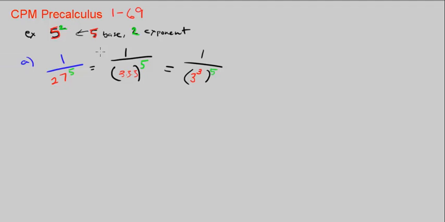We take 3 cubed to the 5th power, so this 5 gets multiplied to the 3. 3 times 5 is 15, so it's 3 to the 15th power in the denominator.